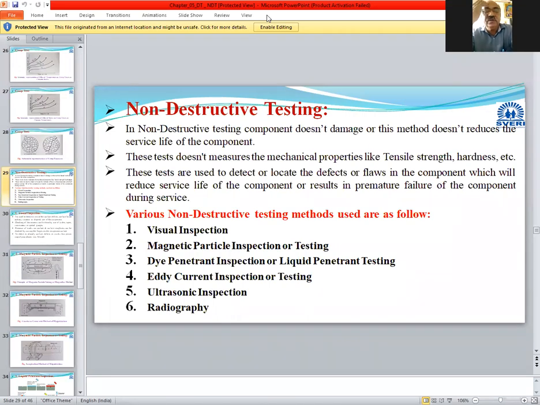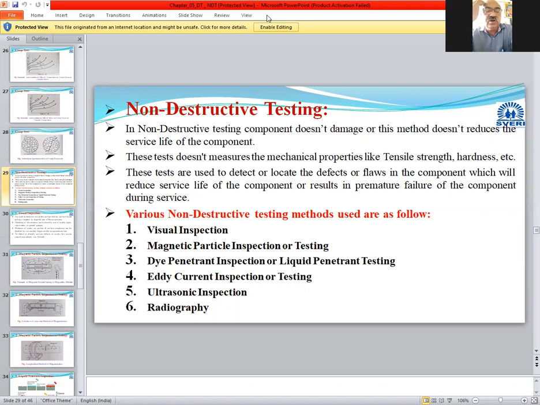ferrous material. The dye penetrant test, normally we can use in welding. Eddy current inspection we can use in testing the surface scrap. Ultrasonics, any inclusions or blow holes, pin holes that exist in the materials, we can detect by ultrasonic.